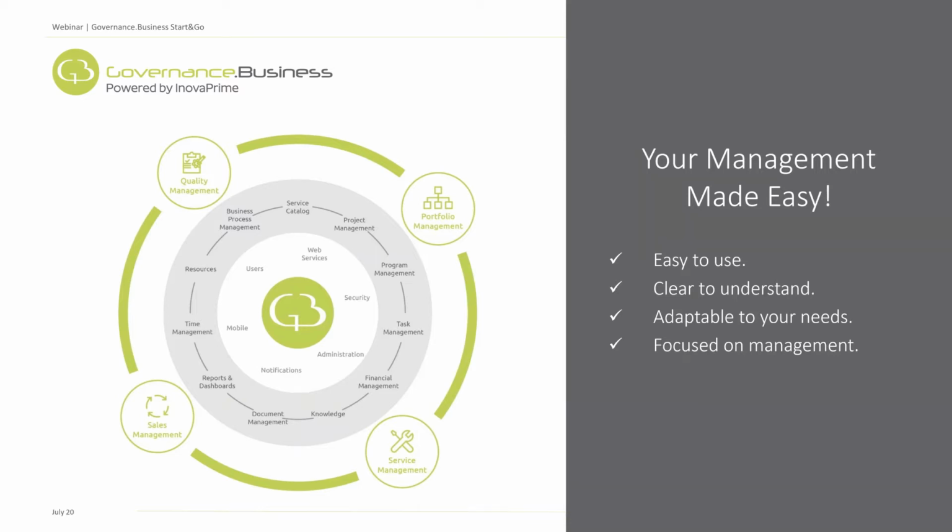So essentially what you see on the cloud, on the Start&Go offering, it's essentially a closed solution with those processes in place. And in the future, we will enhance those processes.